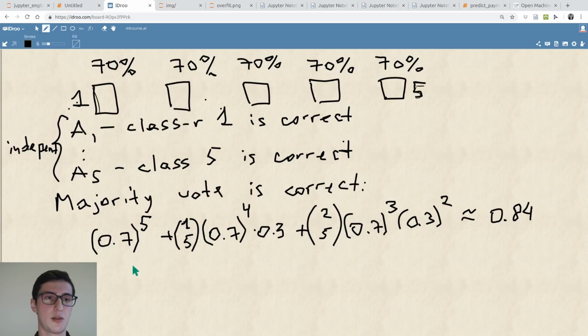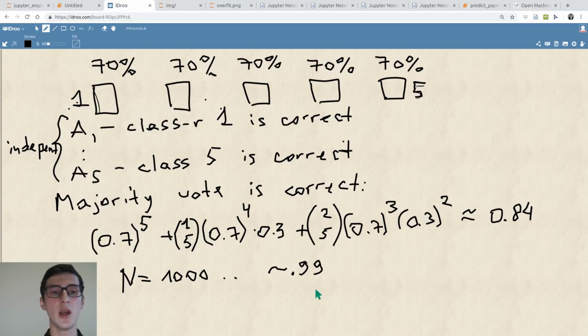Actually it's surprising. So what if we take 1000 classifiers? If we do the very same calculations, we'll see that for the majority vote, the probability of being correct will be almost 1. And so if we take an infinite number of classifiers, then the majority vote is going to be absolutely correct.